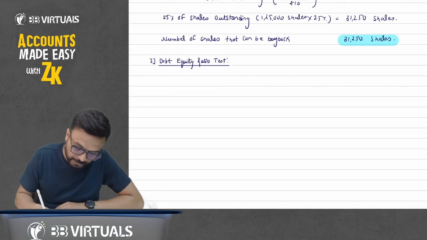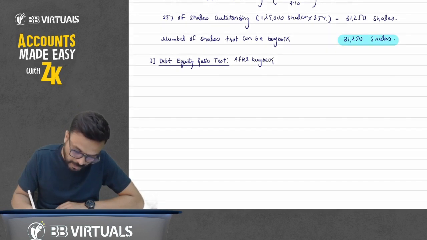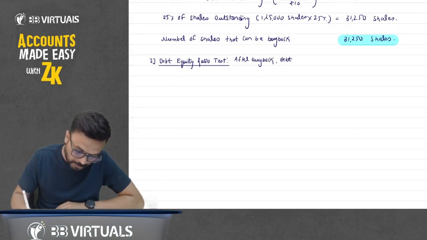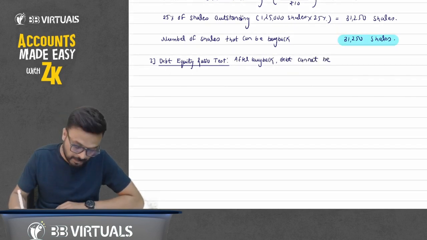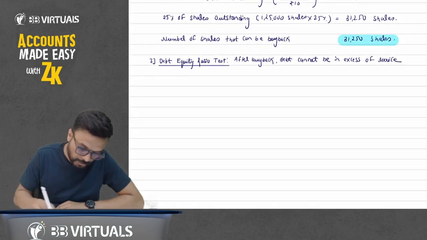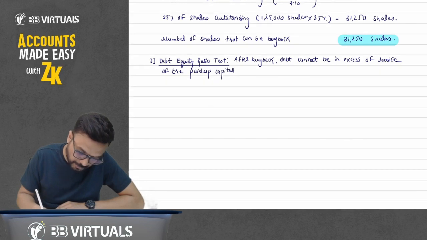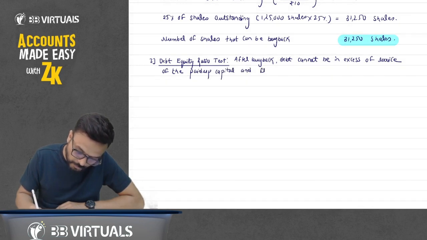So write down: after buyback, debt cannot be in excess of twice of the paid up capital and free reserve.